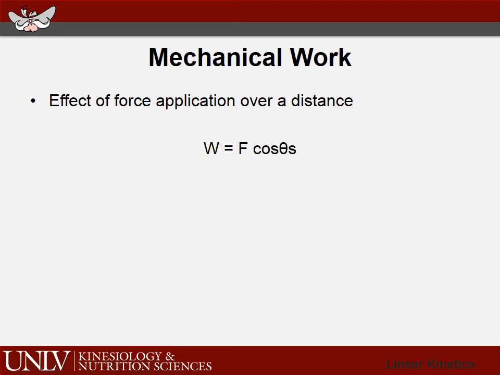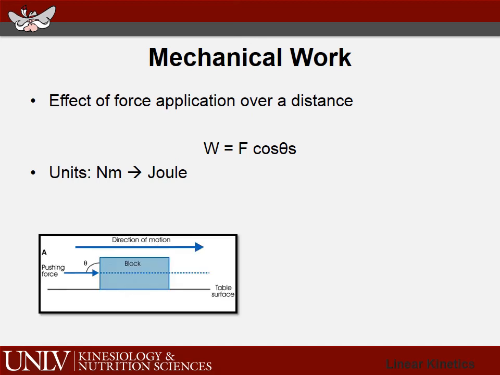Work equals force times the cosine of the angle of the force application to the object, times S, the distance of displacement. If you go back to the way the book does it, for me I usually use a D, not an S, but it's the displacement from point A to point B.